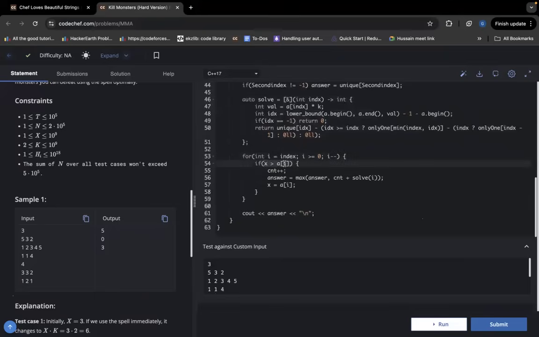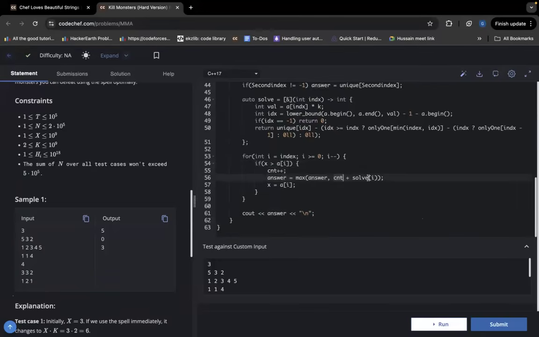Since x is greater than a[i], do you agree I can kill this particular array element right now? Yes or no, guys? If I can kill this array element, the number of monsters I have killed right now increases by 1, and my answer is nothing but max of answer, comma, the count number of elements I have killed.